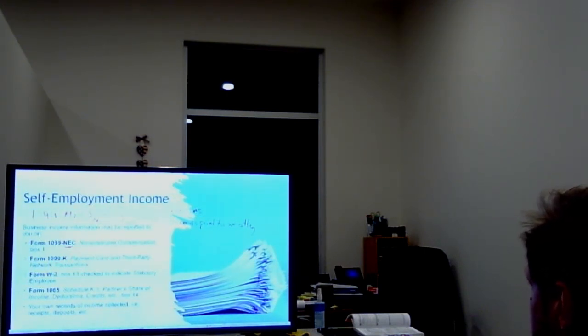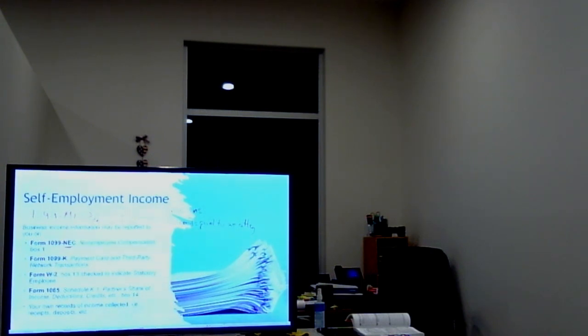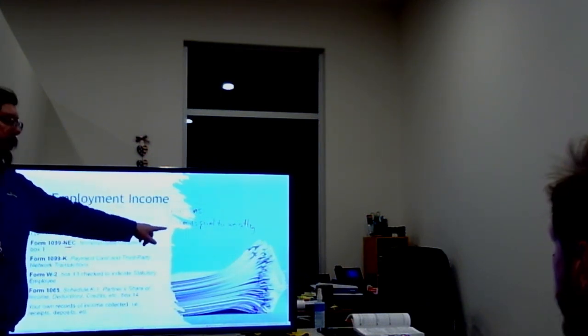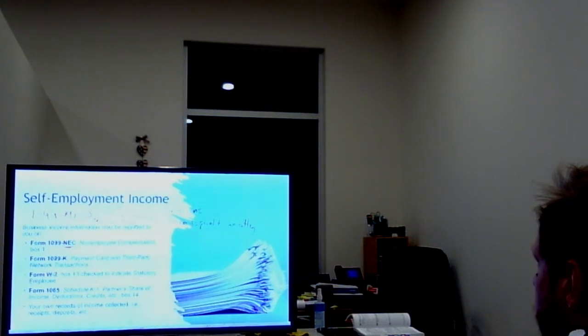Is everything that's going to show up on a 1099 MISC going to be taxable, or are there ever things that show up on there that are non-taxable items? There will occasionally be things that show up on a 1099 that are non-taxable. For example, proceeds paid to an attorney might not be taxable depending on the nature of your lawsuit.